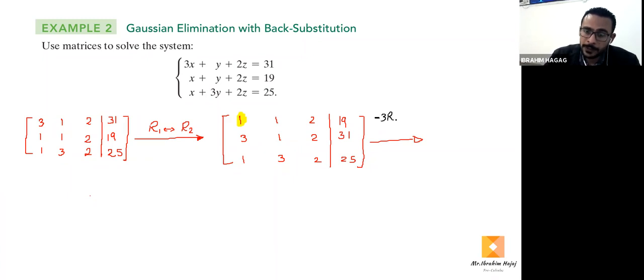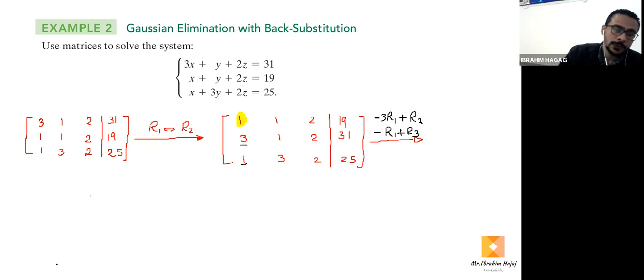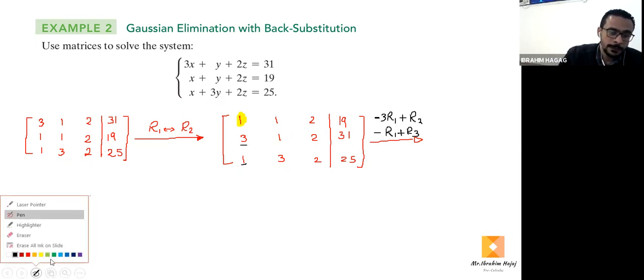So we write it like this, -3 R1, and then add it to R2. And also multiply row 1 by -1, becomes -R1 plus R3, to convert 3 and 1 to zeros, to get zeros below this one in the first column.